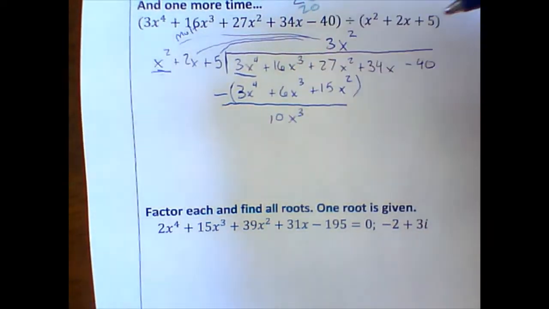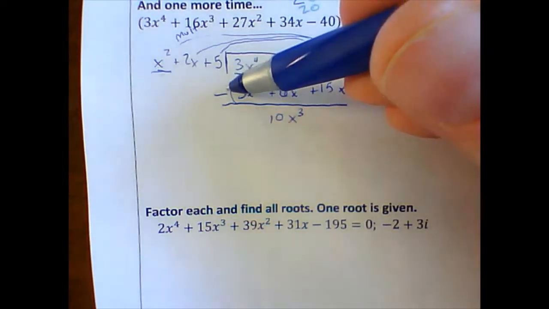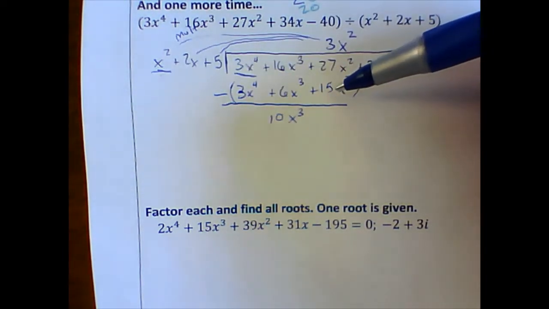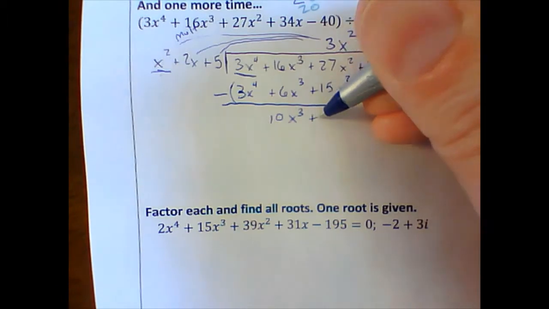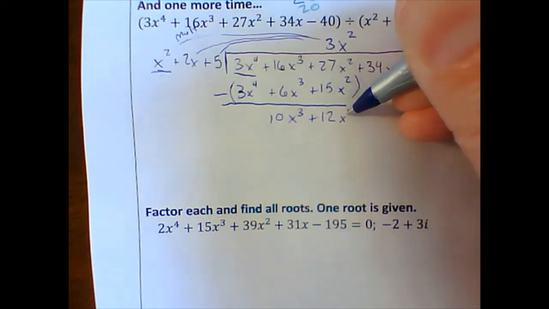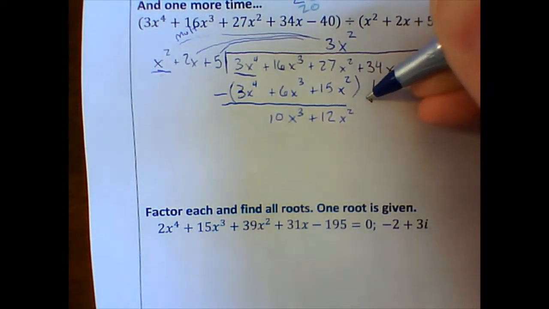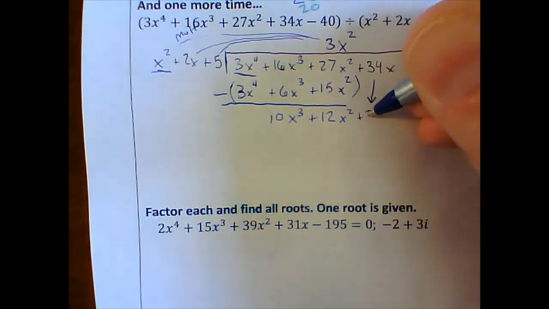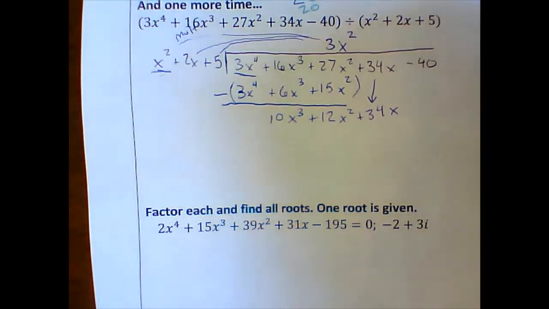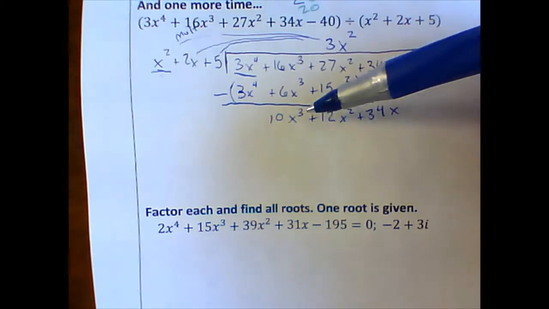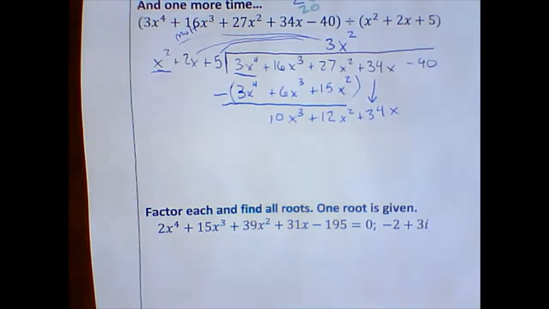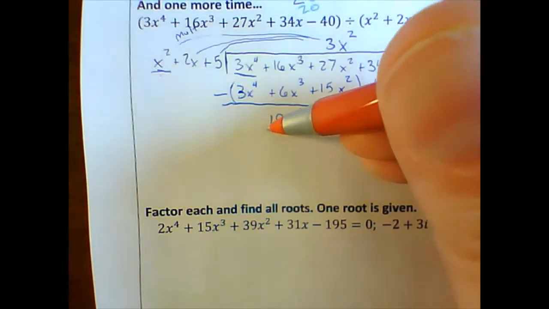And then 27 minus the 15, and that should be a 12. And it's positive because 27 is the bigger number and it's positive. And then we're going to bring down the 34x. Okay, and you should have 3 terms to match the trinomial in front. Just like on the last problem, you had 2 terms to match the binomial in front.